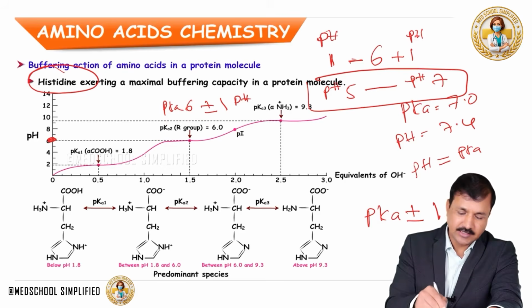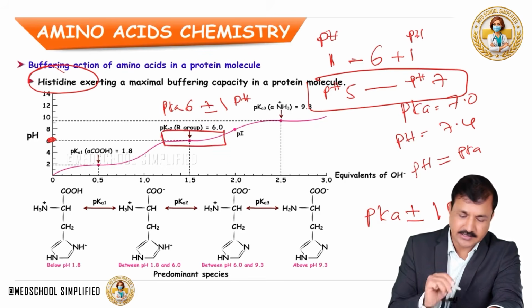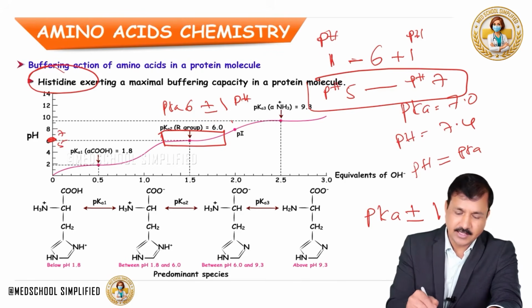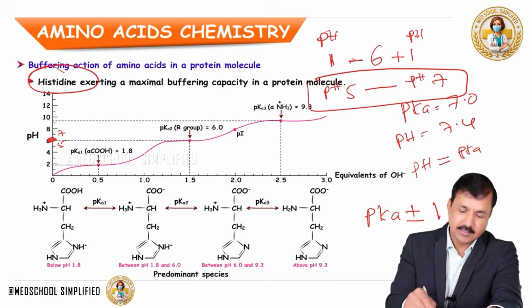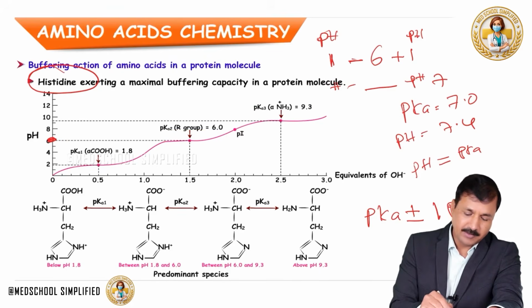That's why you see this deflection in the line there. It starts only after this range, that is, this will be 5 and this will be 7. Only after that will there be deflection. Similarly, you can observe that in the primary carboxyl group and primary amino group also. For the primary carboxyl group, pK is 1.8.